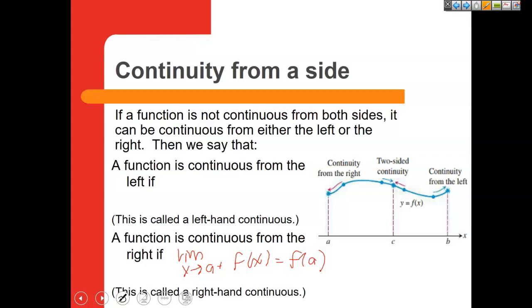And it would be continuous from the left if the limit as x approaches a from the left of f of x equals f of a.